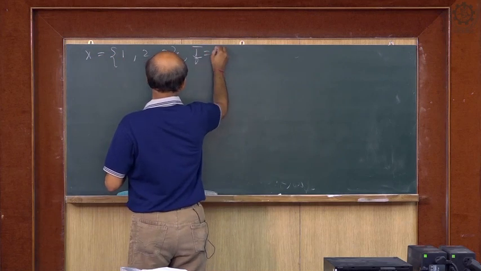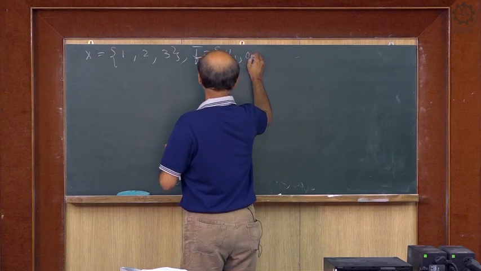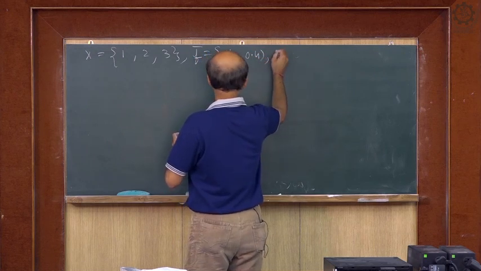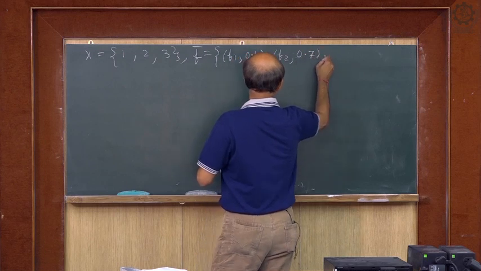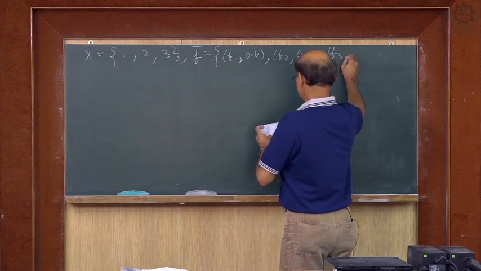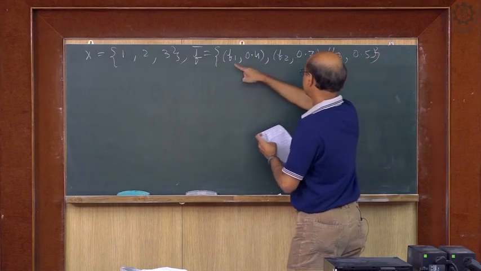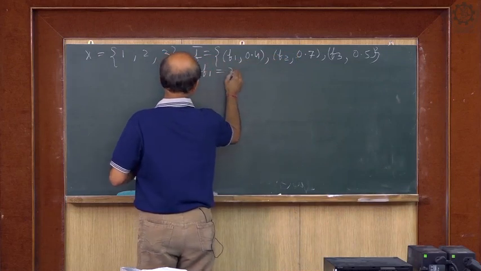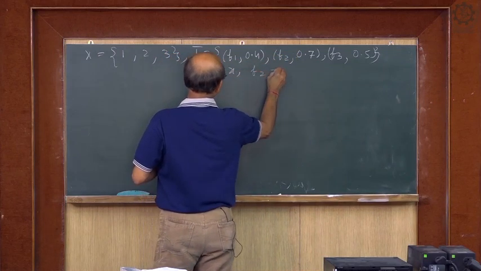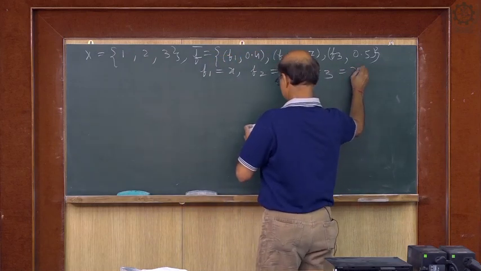I have 3 functions in it, f1 0.4, f2 0.7, f3 0.5, and these functions are given. F1 is x, f2 is x square and f3 is x minus 1.